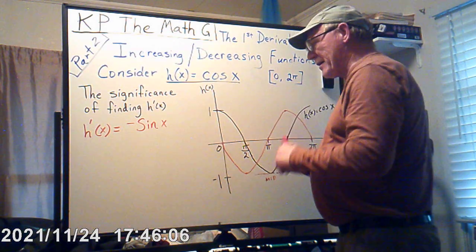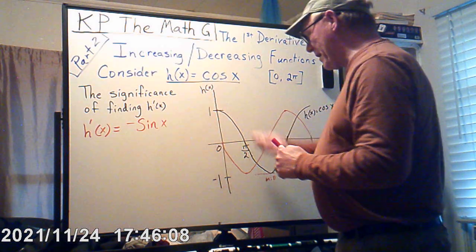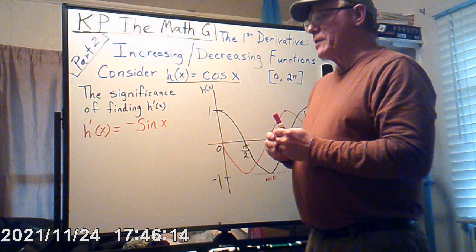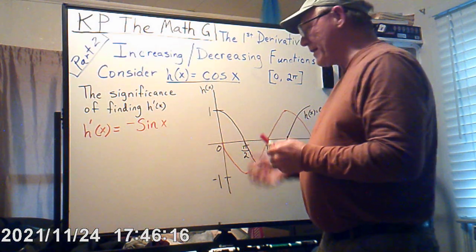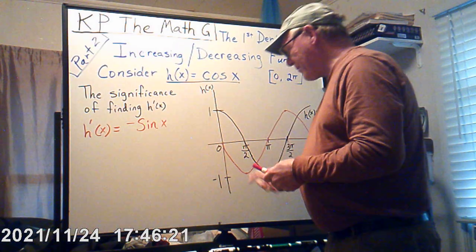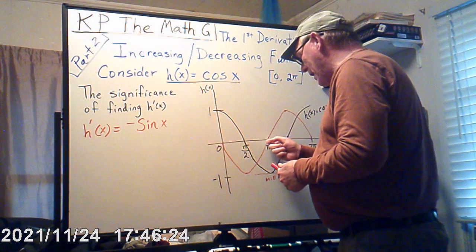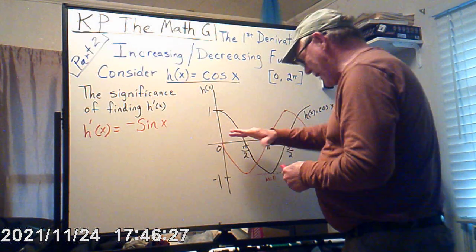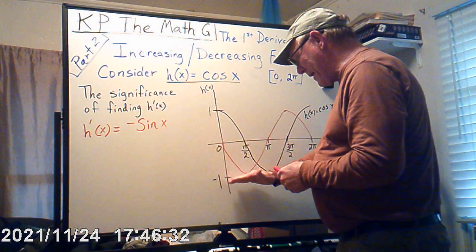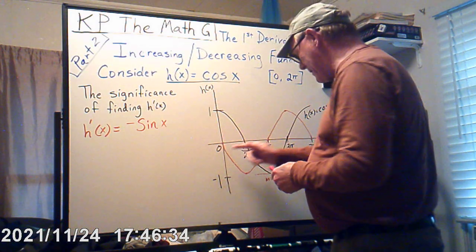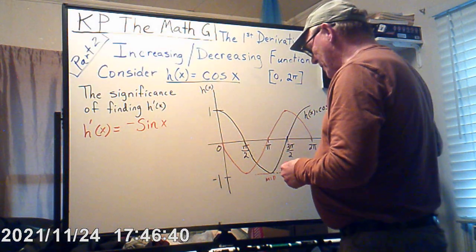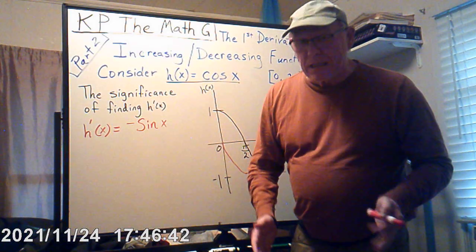But with the derivative, we really wouldn't have to have the graph. Even if you didn't know how to graph cosine, at least you could get an idea how to graph it, because from 0 to pi, h prime at x is below the x-axis.